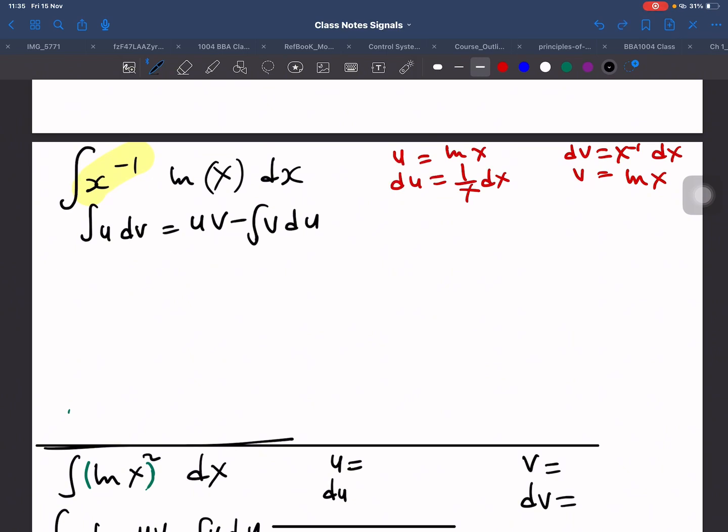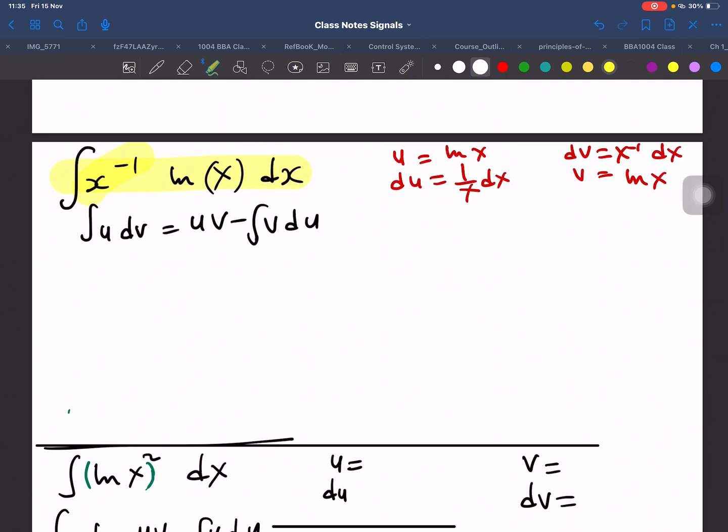Normally in integration by parts, this is what we are doing now. For integration by parts, we need to first of all find our u, dv, du, and v. Now that we are given this question, we choose the one that we make our u. If I make ln x my u, that means x raised to the power minus 1 dx becomes my dv.